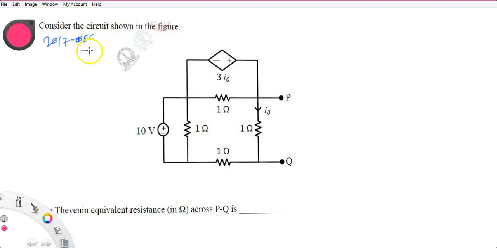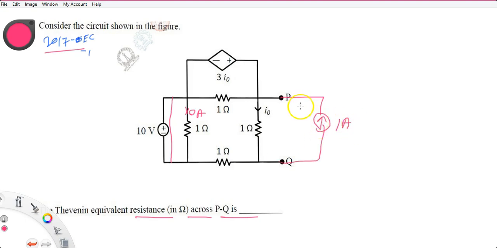Next we will discuss the GATE 2017 EC questions. The Thevenin's equivalent resistance in ohm across PQ is. So as you know, to find the Thevenin resistance across PQ, you have to short this, because it is an independent voltage source. Connect a current source of 1 ampere.